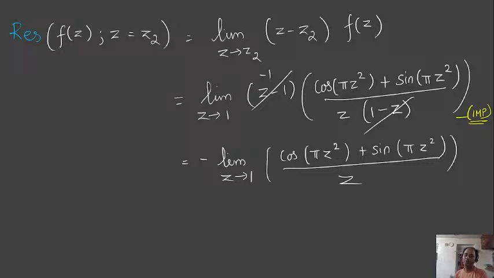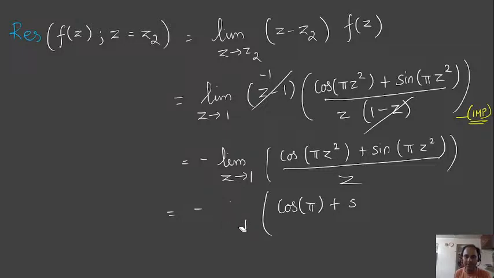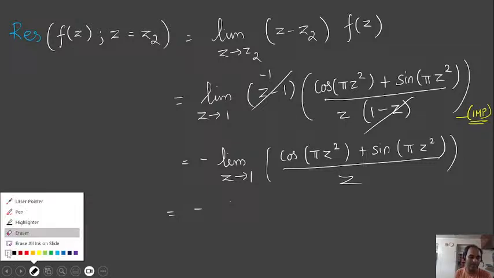Now, what we do over here is we substitute z equals to 1. So, minus limit z tending to 1. So, cos pi plus sin pi, now when we are substituting over here the limit, we will just write the final part.